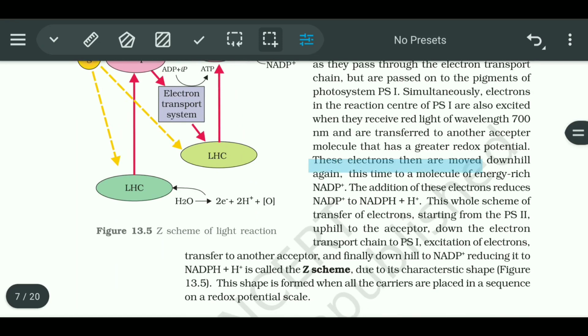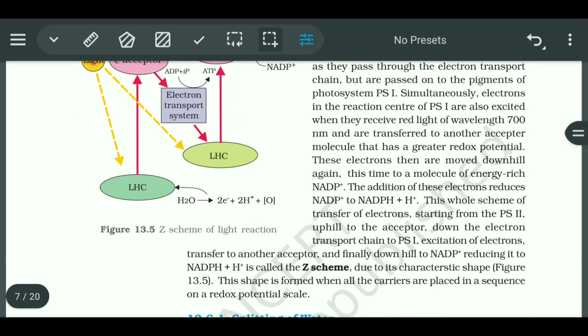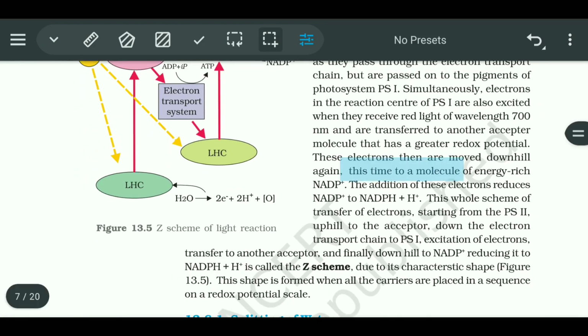These electrons are then moved downhill again, this time to a molecule of energy-rich NADP+. The addition of these electrons reduces NADP+ to NADPH.